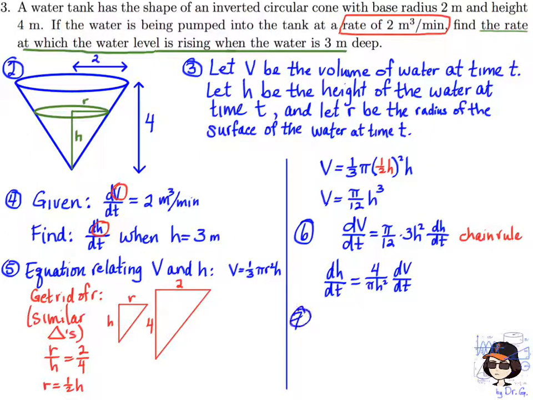Okay, we're ready for step 7, the last step. Plug in and solve for the desired rate. So what are we plugging in? Well, we can plug in for dV/dt and we can plug in for h because we're looking for dh/dt when h is 3 meters, and we know that dV/dt is 2 cubic meters per minute. So plugging those two things in, I get dh/dt evaluated at h equals 3 is 4 over pi times 3 squared times 2.